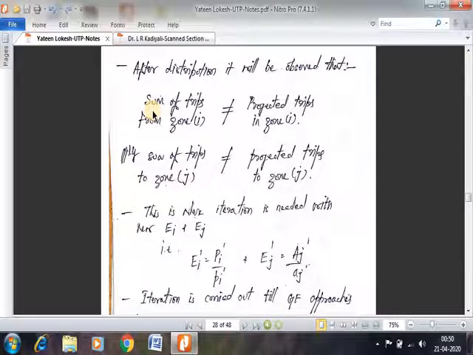When you do the trip distribution process, after the distribution is done, it will be observed that the sum of the trips from zone i will not be equal to the projected trips in zone i. Similarly, the sum of the trips in zone j will not be equal to the projected trips in zone j.